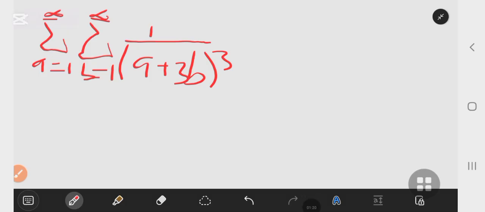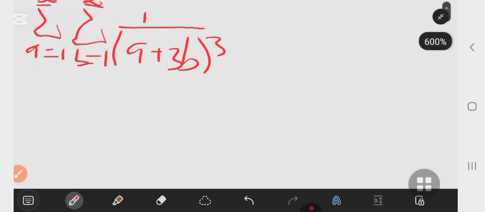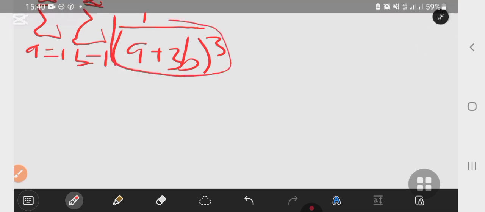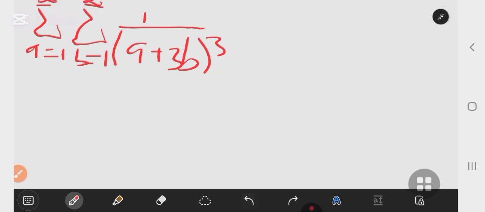So here now, first thing I'll do is to modify this function here. In this first step, I'll be using integral calculus.